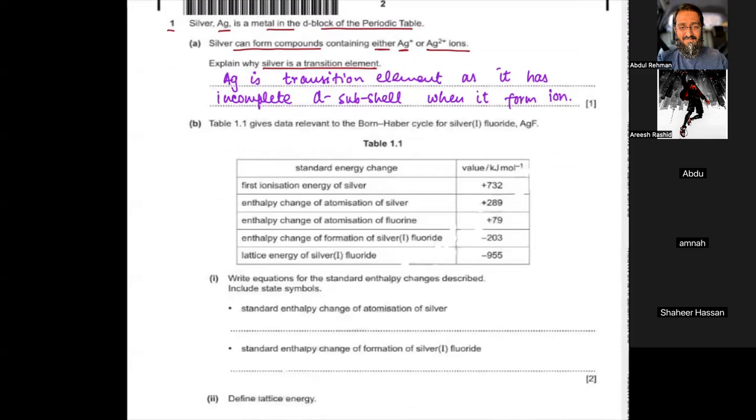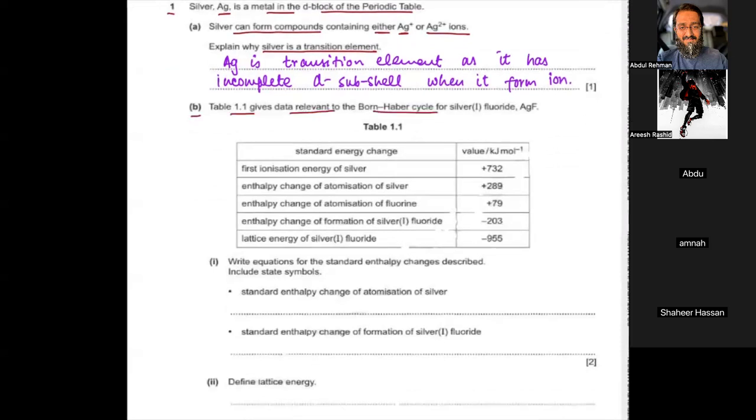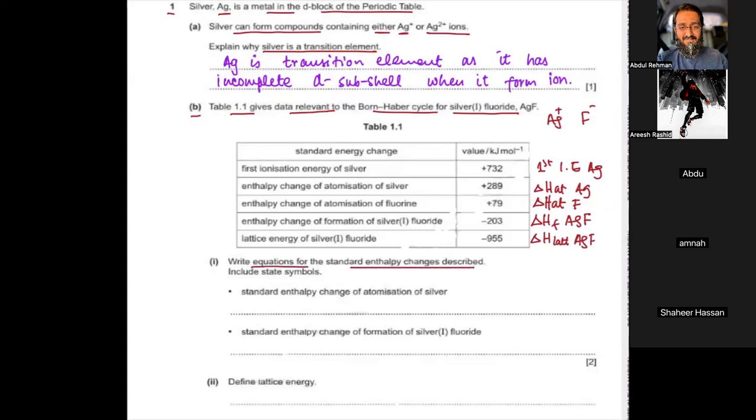That is the enthalpy change of atomization of silver, then the enthalpy change of atomization of fluorine, then the enthalpy change of formation of silver fluoride, and then the lattice energy of silver fluoride. Write equations for these standard enthalpy changes described, include state symbols. So see, they have mentioned state symbols, so you don't skip those.